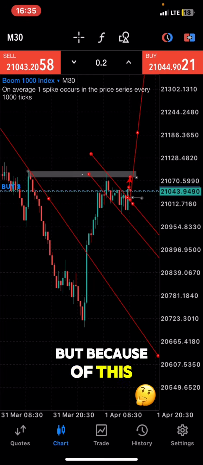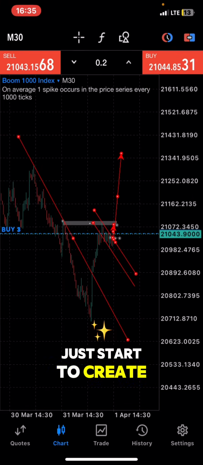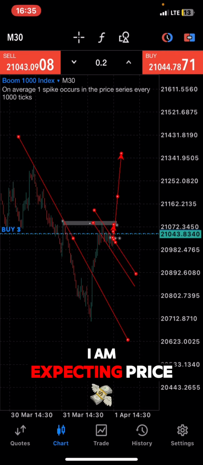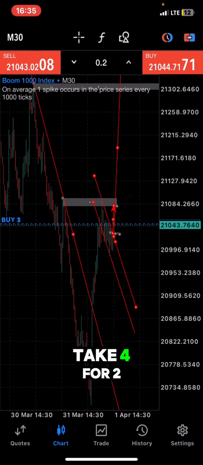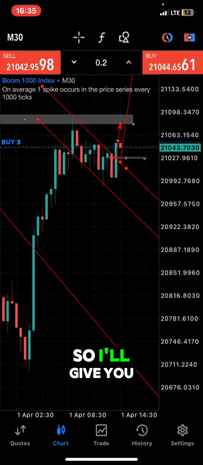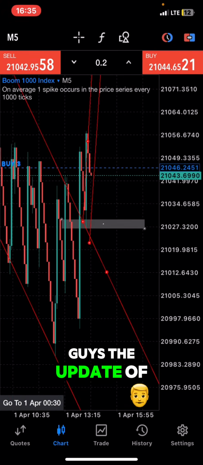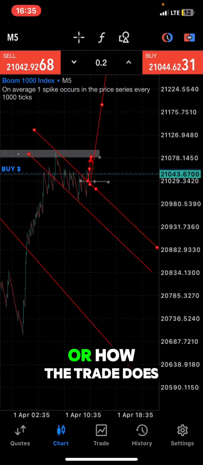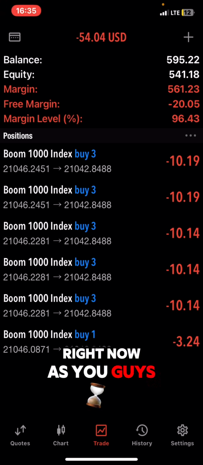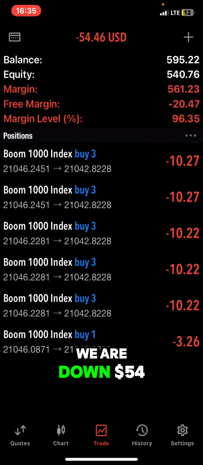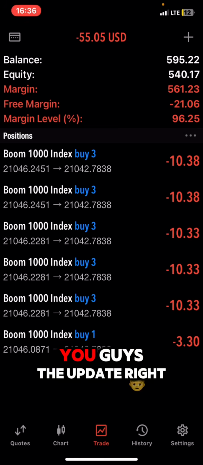But because of this bullish momentum that has just started to create, I am expecting price to get all the way up here, take profit 2. So I'll give you guys the update of how the trade does go very, very soon. Right now, as you guys can see, we are down $54, but I will give you guys the update.